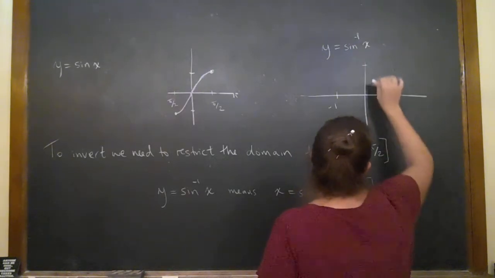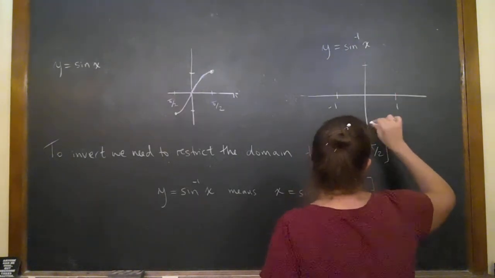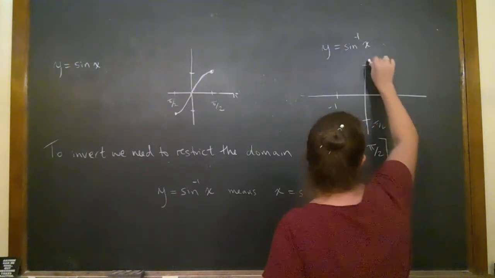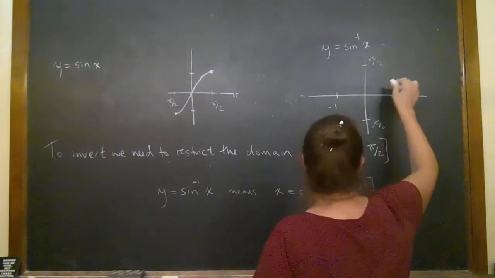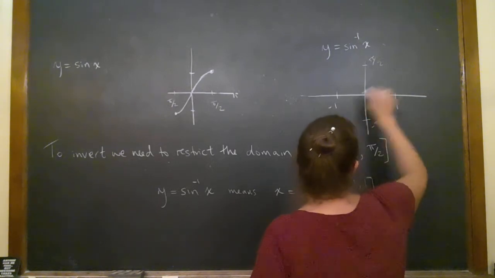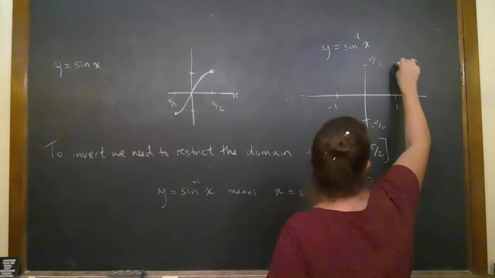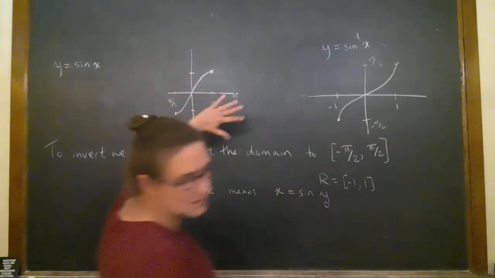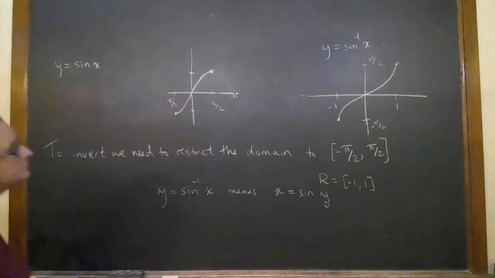My range is going to be minus pi over 2 to pi over 2. And it kind of looks like this, right? That whole thing just kind of gets pulled over.